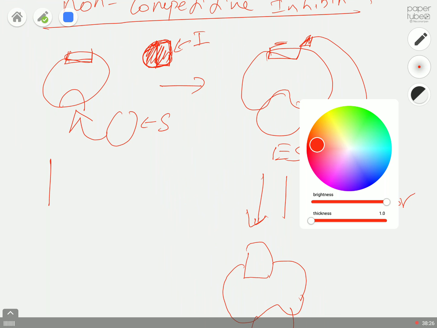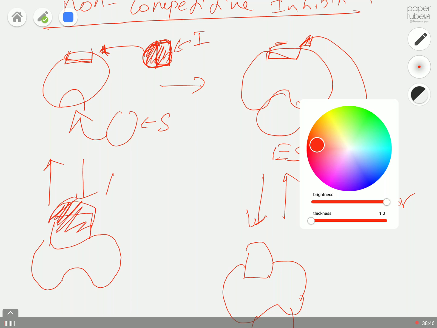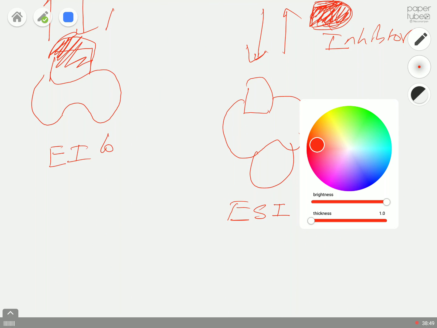And then again you come back here, just assume your inhibitor goes to your enzyme directly here, and it can also form an enzyme inhibitor complex.